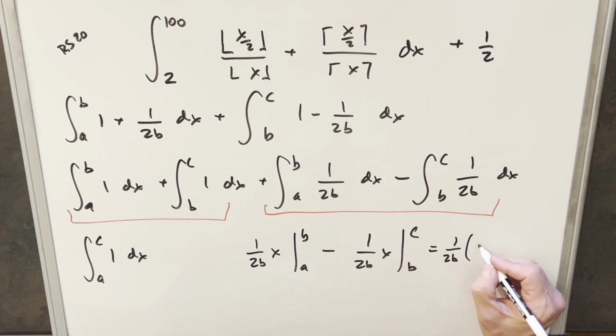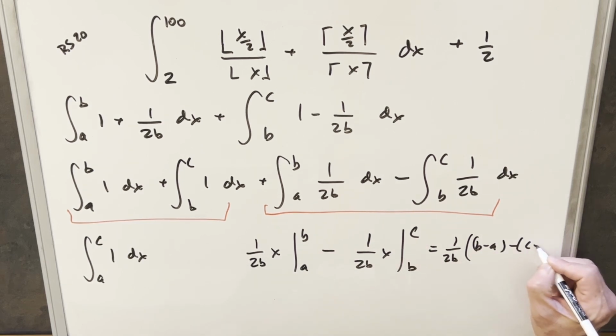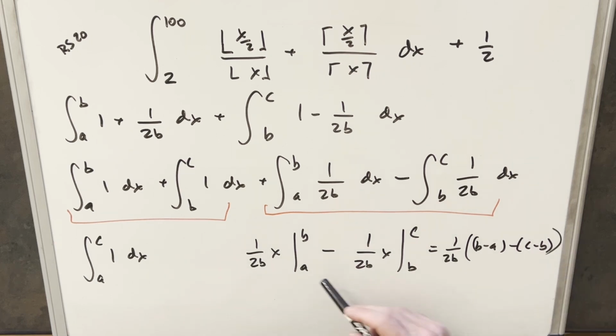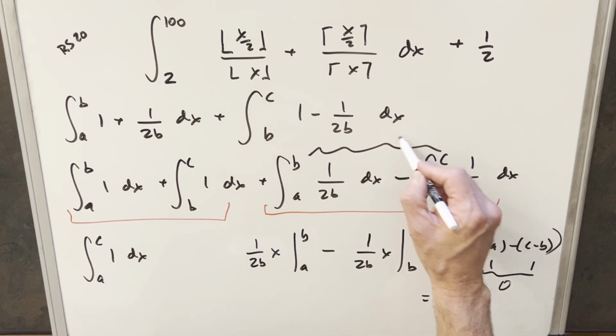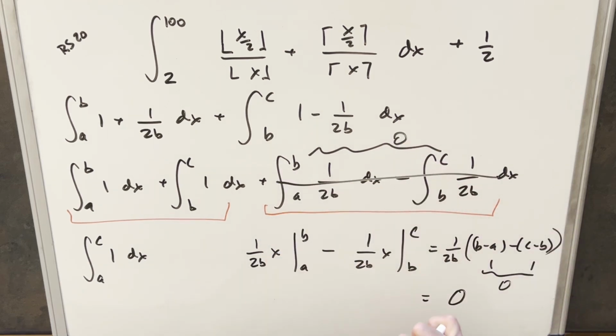And then here we're going to have our bounds from b minus a. And then here when we evaluate, we're evaluating from c to b. But the thing is, the difference between a and b is just 1. And the difference between b and c is just 1. So this piece is 0. And so that means this whole thing is 0. So these two integrals together are 0. And so we can just cross that off and ignore it because none of that's going to matter.